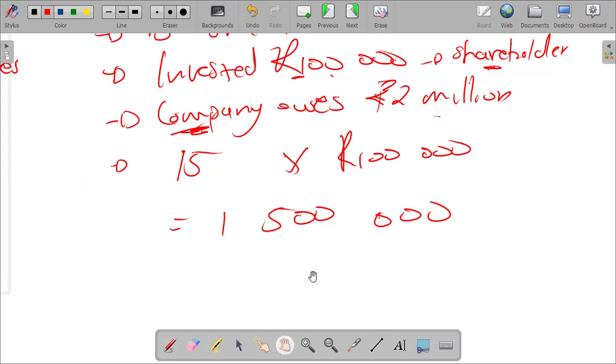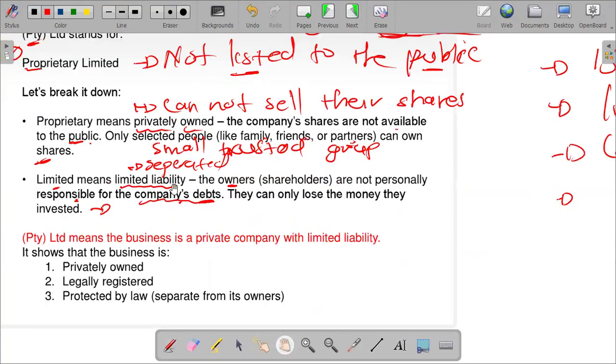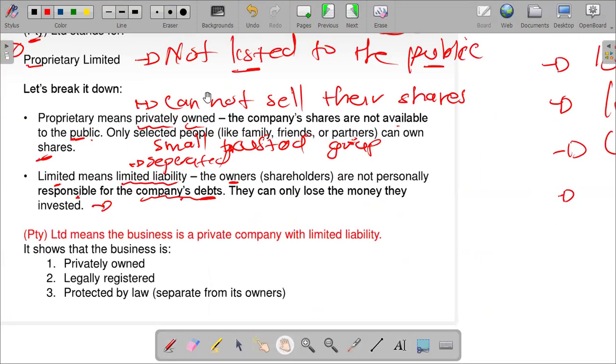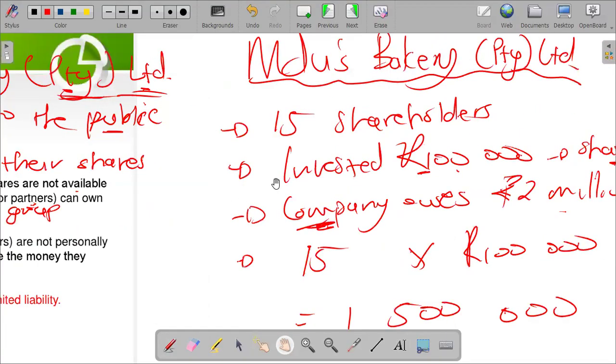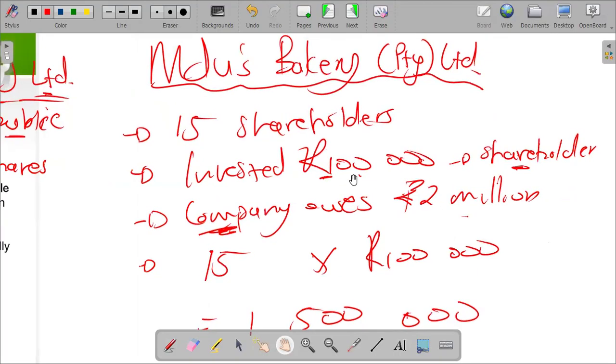Let's go back and start again. I want you to understand what limited liability stands for. Limited means separated from, right? So Ndu's Bakery has 15 shareholders. They all invested 100,000 each, which makes up 1.5 million for the company.